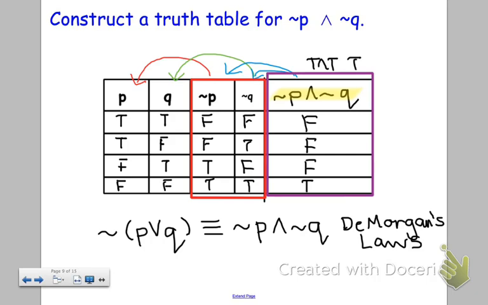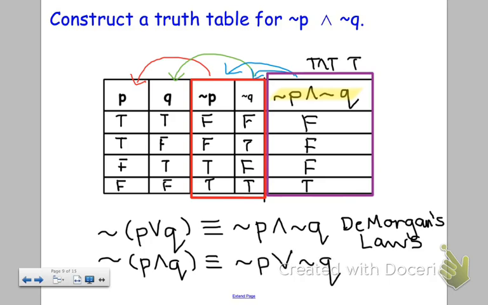So if it was an and, it will become an or. If it was an or, it will become an and. So if I want to negate the quantity P or Q, it's equivalent to not P and not Q. If I wanted to negate the quantity P and Q, that would be equivalent to not P or not Q.